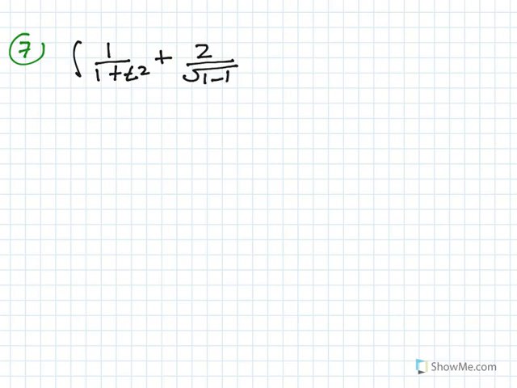All right, let's look at the next question. Here we have question number 7. Integral of 1 over 1 plus t squared plus 2 over root of 1 minus t squared plus sine t minus cos t dt.